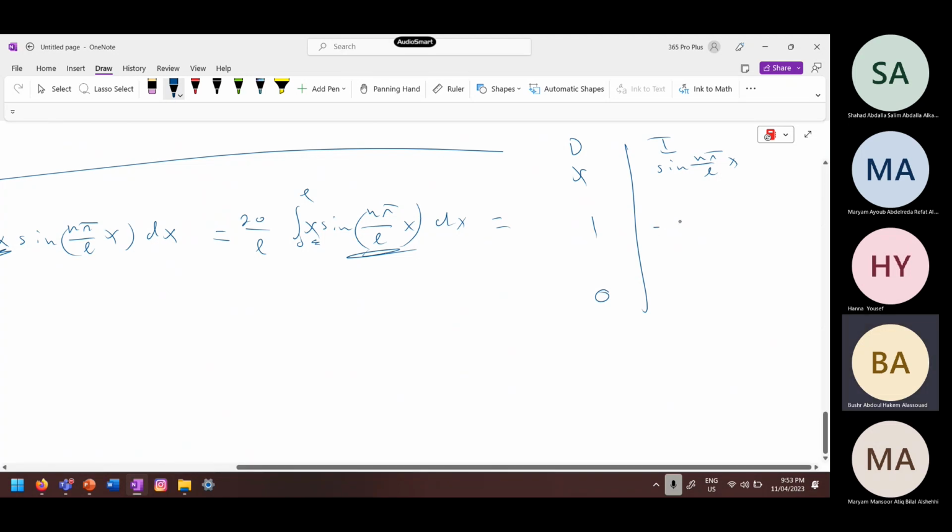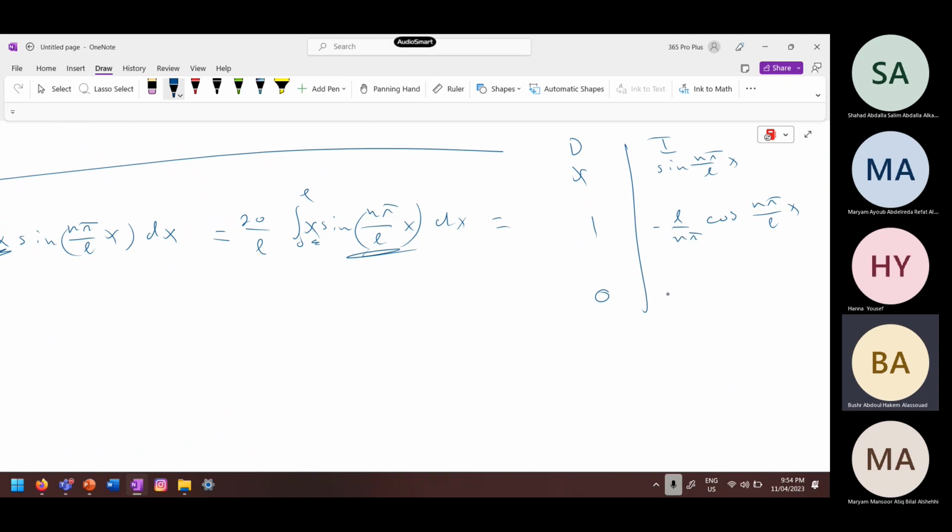Yes, negative, the reciprocal of the factor of x. So L over n pi cosine n pi over L x. As for this, the integration of cosine is just sine.